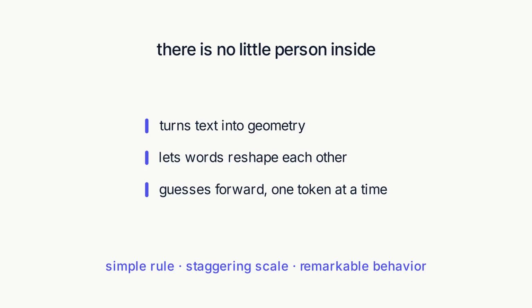There's a breathtakingly large pattern matcher, turning your text into geometry, letting words reshape one another, and guessing forward one token at a time. That something built on so simple a rule can write and reason and hold a conversation at all is genuinely one of the most surprising results in the history of computing. A simple rule, a staggering scale, and remarkable behavior on the other side.